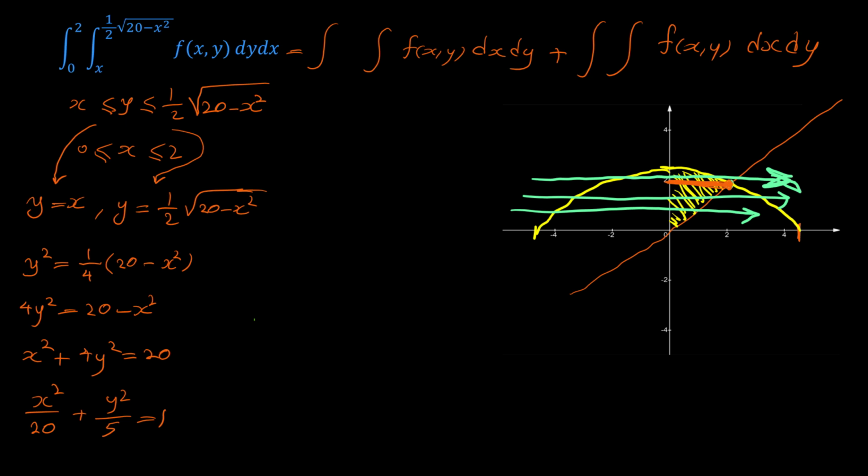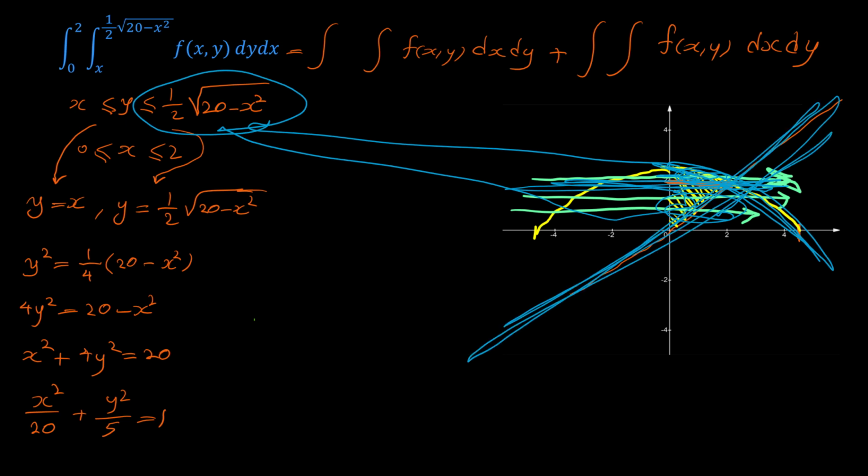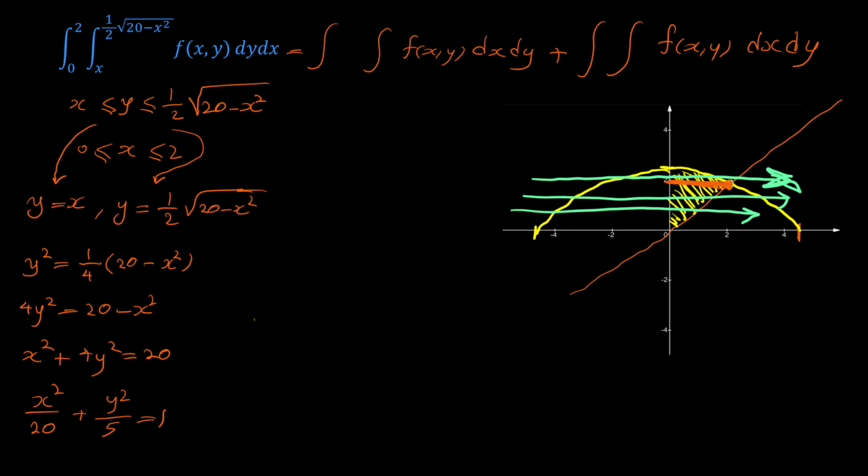Depending on these horizontal lines, if they are above 2, like this one, they leave the region at the ellipse, whose equation is this. But if they are below 2, like these two, they leave the region at this line. So for that reason, we have to write two integrals to describe the region.